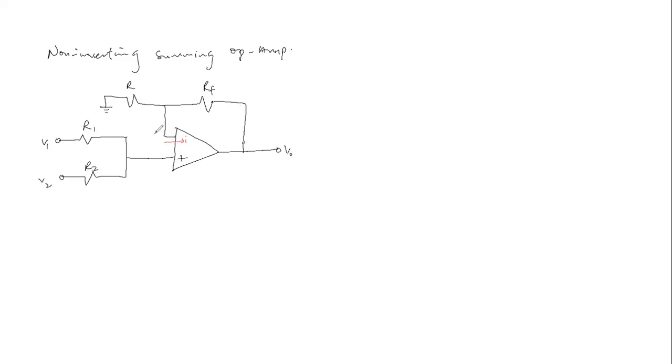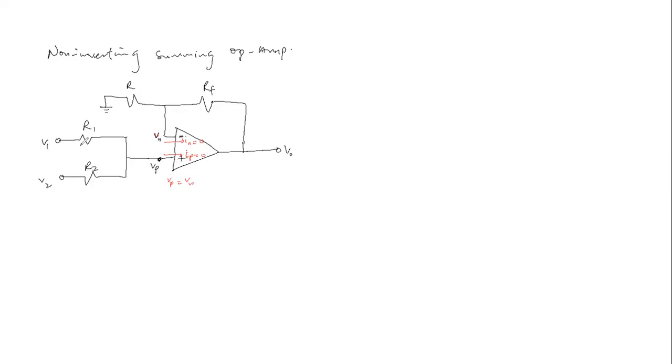Now this is V negative here. This is V sub n, and at this point is V sub p, right? So I sub n is equal to 0, then I sub p is equal to 0, right? Now, the voltage constraint is such that V sub p is equal to V sub n.